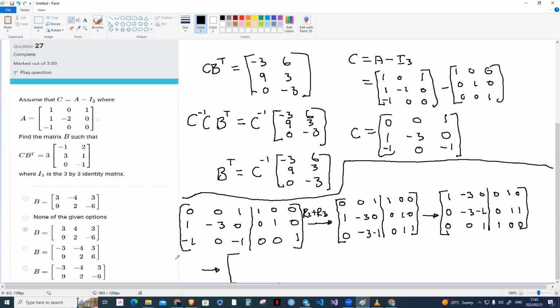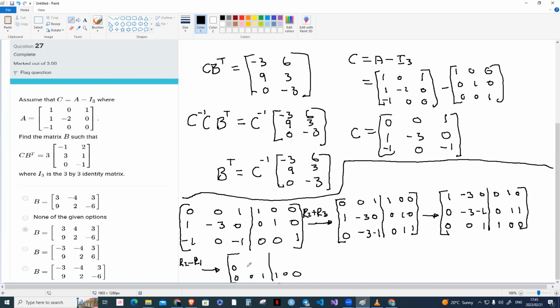I'm going to say row 2 minus row 1, which will give me 0, 0, 1, 1, 0, 0.